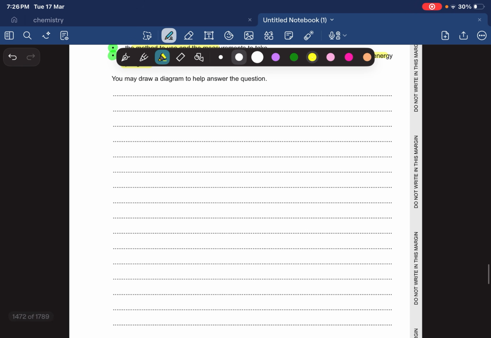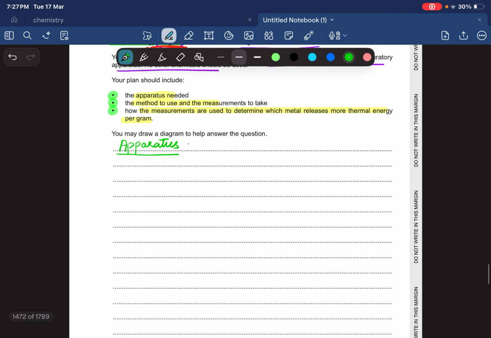If I address the points, I know I'm going to get my marks. The first mark is awarded if I write the correct apparatus. My apparatus is a measuring cylinder, because I need the fixed volume of my acid every time. Second, I need a beaker to carry my reaction.